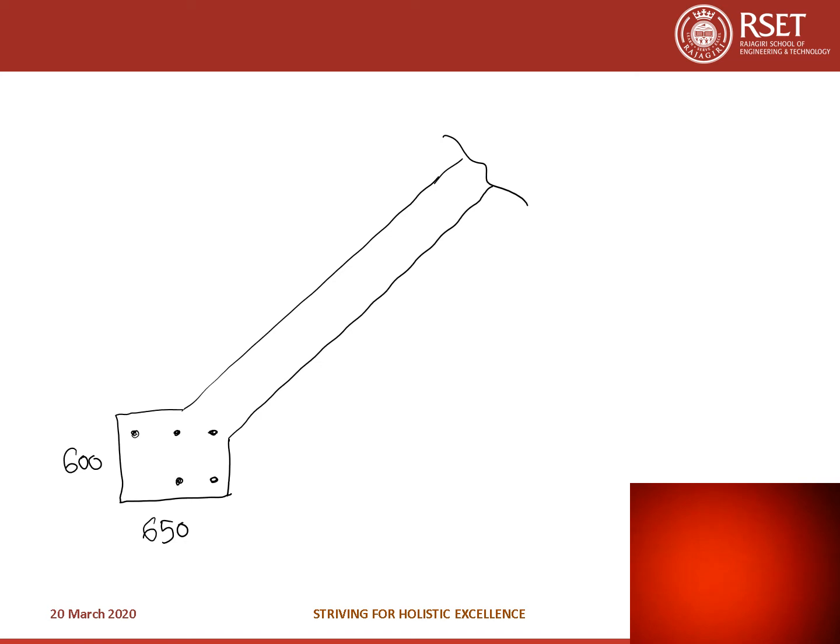Provide a stirrup also to link the 6 bars. So 6 bars of 22 mm diameter, and the link is 8 mm diameter at 300 mm center to center, a nominal reinforcement to tie the main bars.